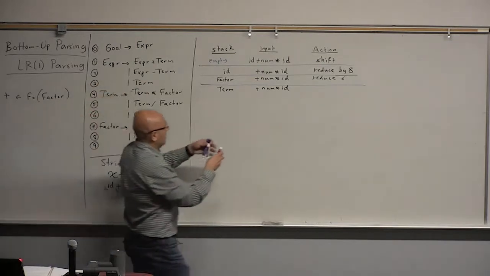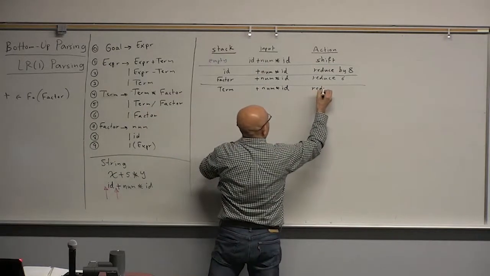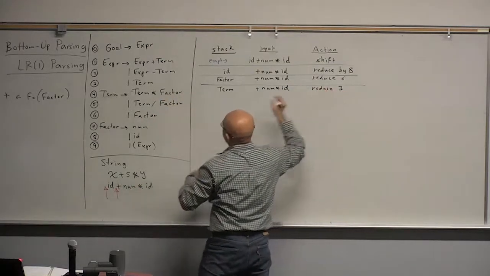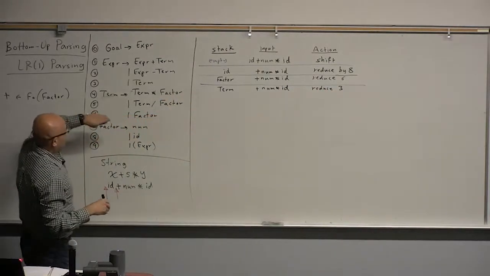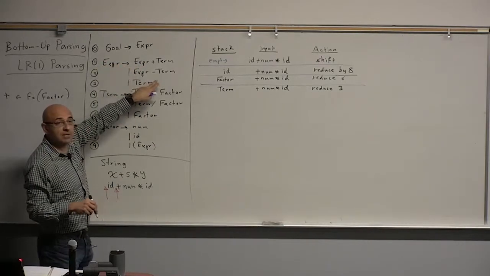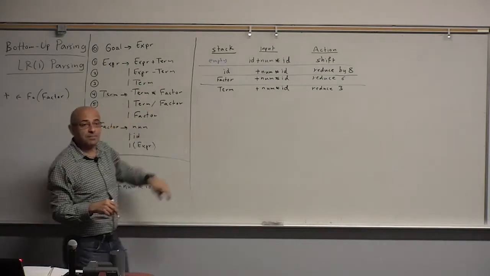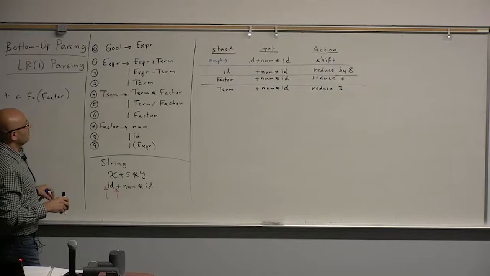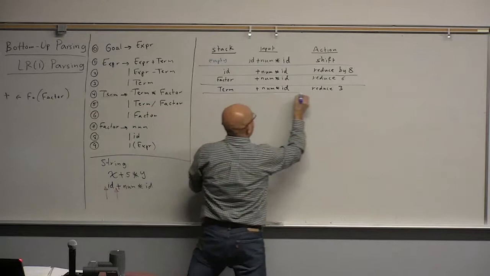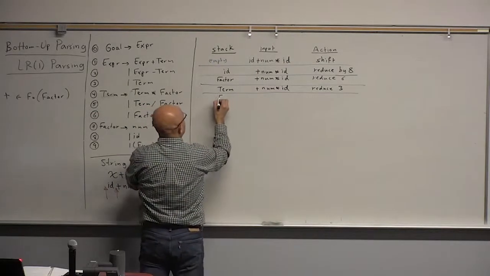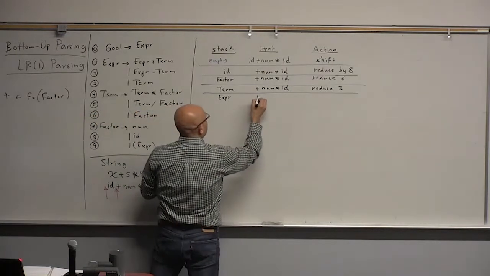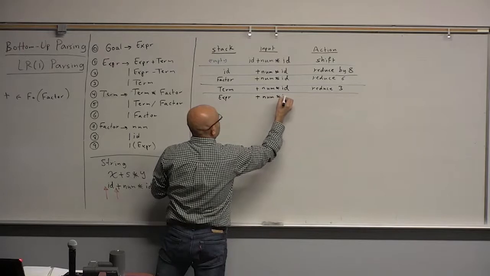So I can reduce by rule number 3. Of course, I have these rules, but I don't have expression plus term or expression minus term. All I have here is a term. So I reduce by 3. Reducing by 3 reduces the term into what? An expression. So now my term is an expression, and I still have plus number times ID.